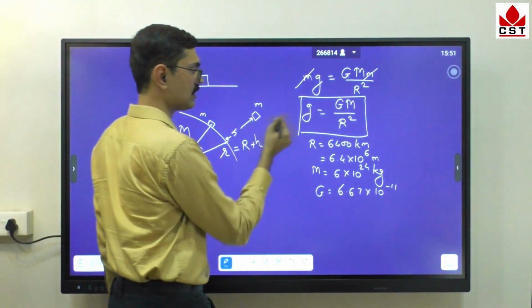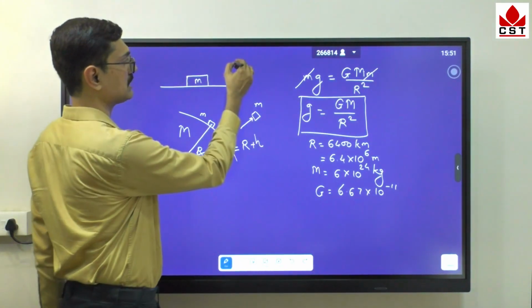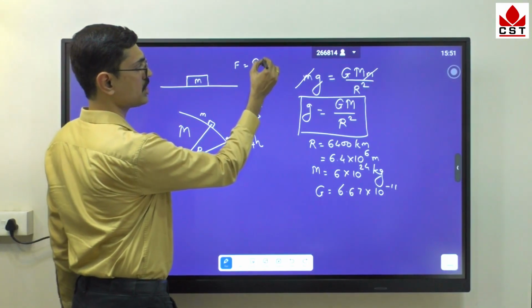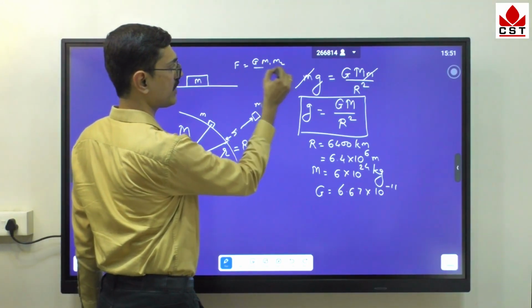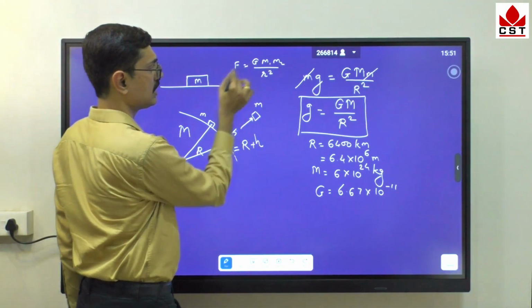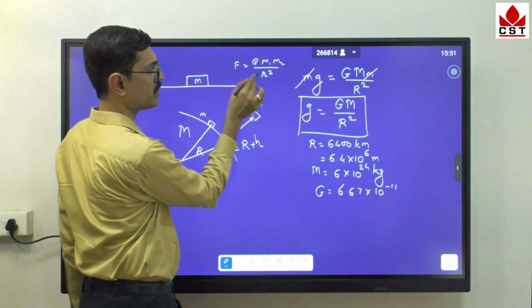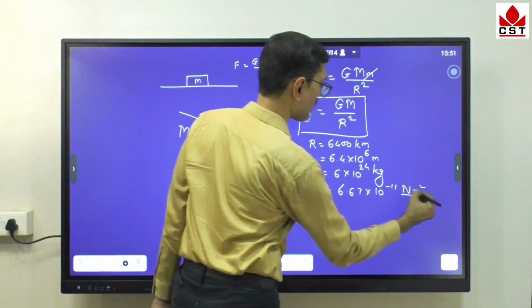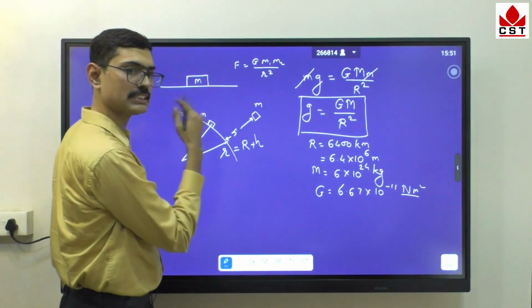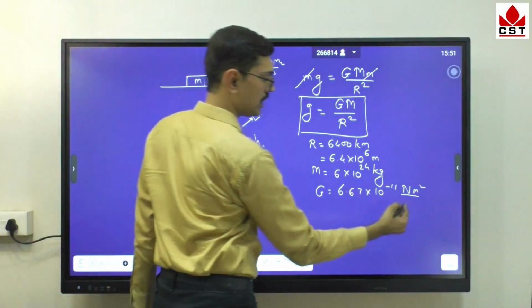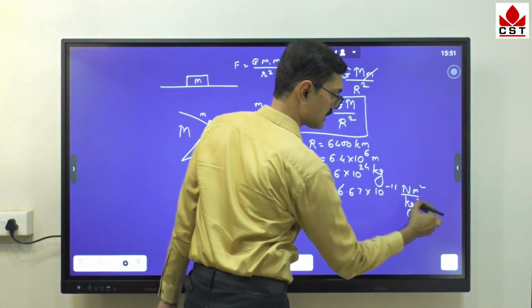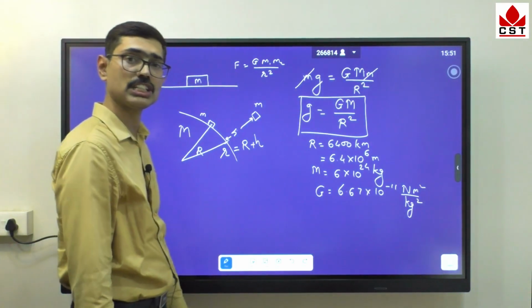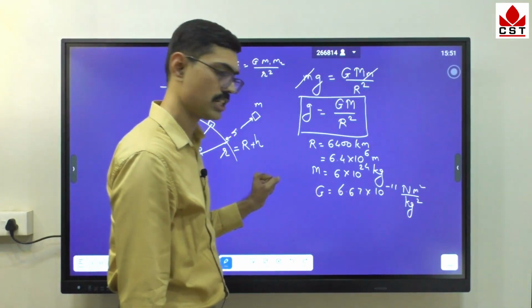We can find the unit from the basic formula, F is equal to G m1 m2 upon R square. The unit of G is Newton into meter square upon m1 m2, which are masses, kg into kg becomes kg square. So Newton meter square upon kg square is the unit of capital G.